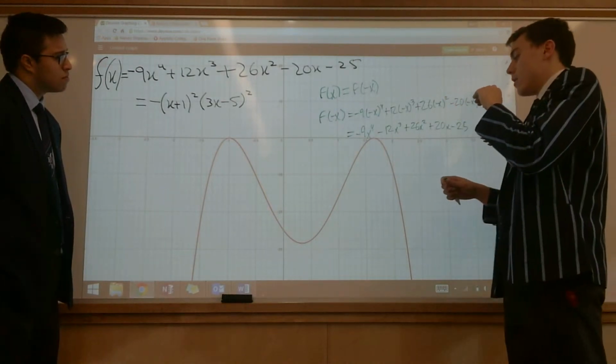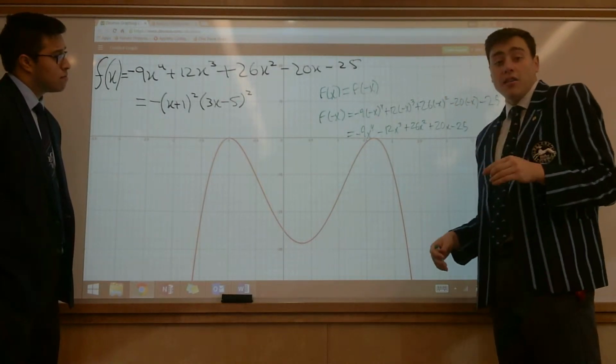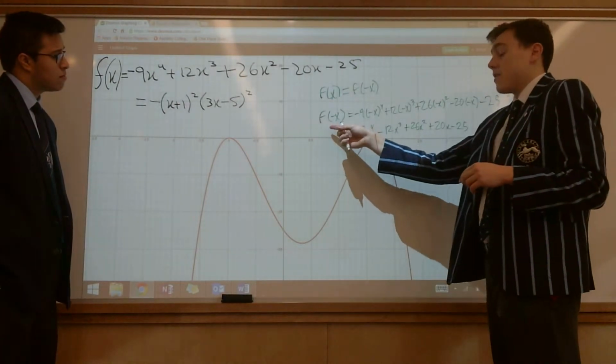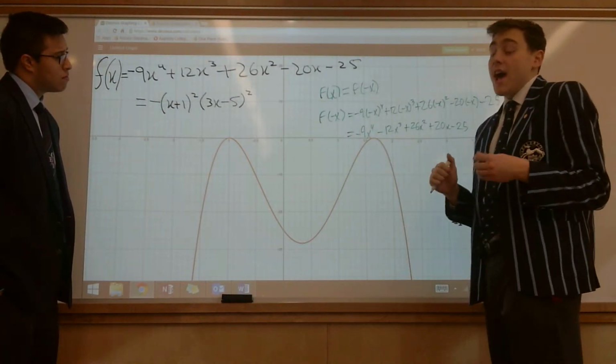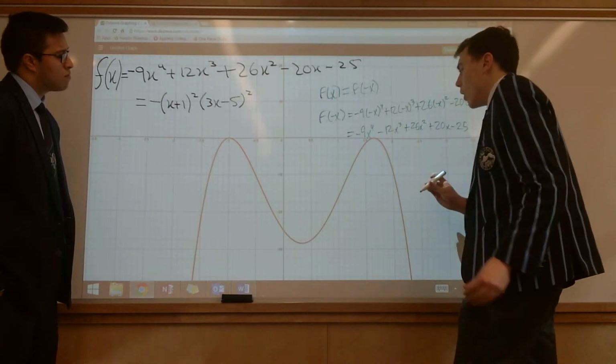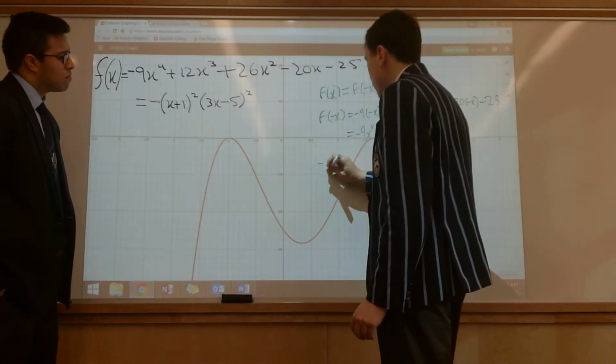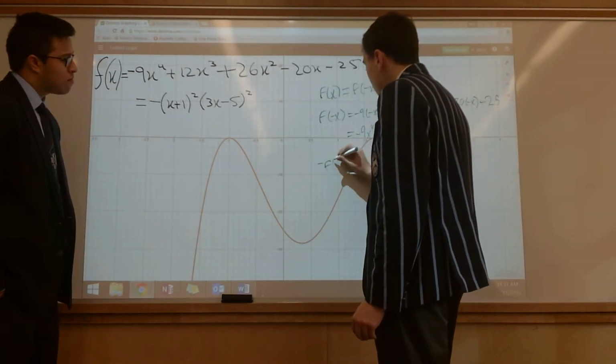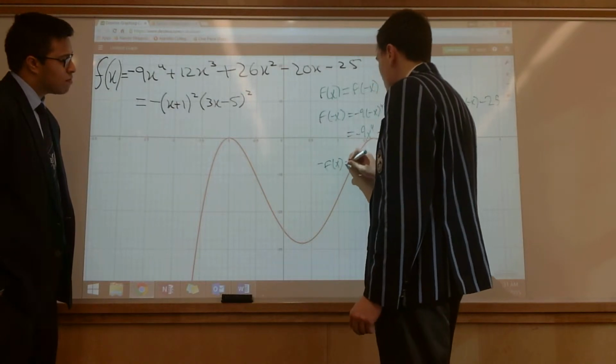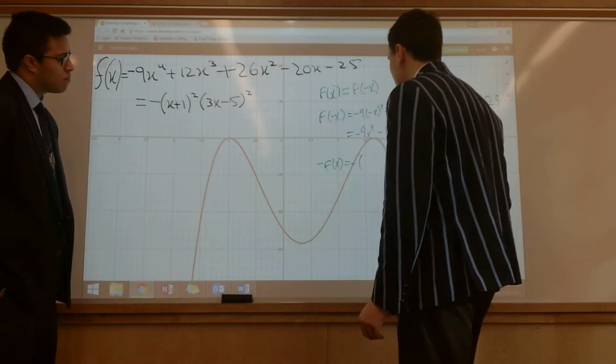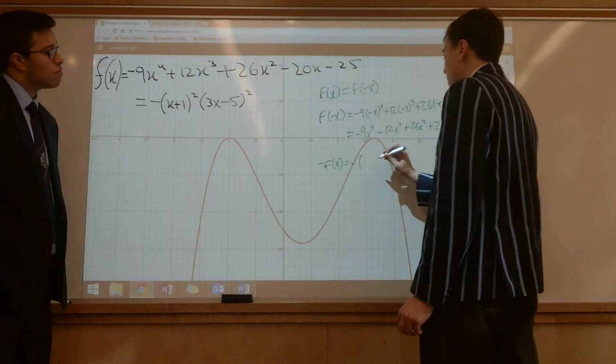But, for a function to have odd symmetry, f of negative x must equal negative f of x. So let's find out what negative f of x is. Negative f of x equals, we're going to just switch the signs on all of these by putting a negative in front of the entire thing.